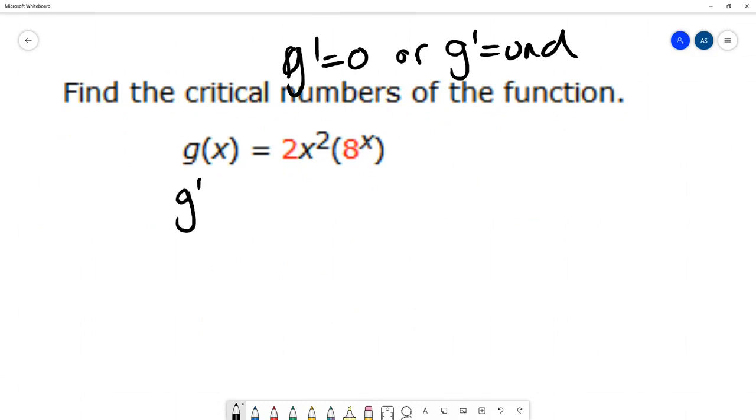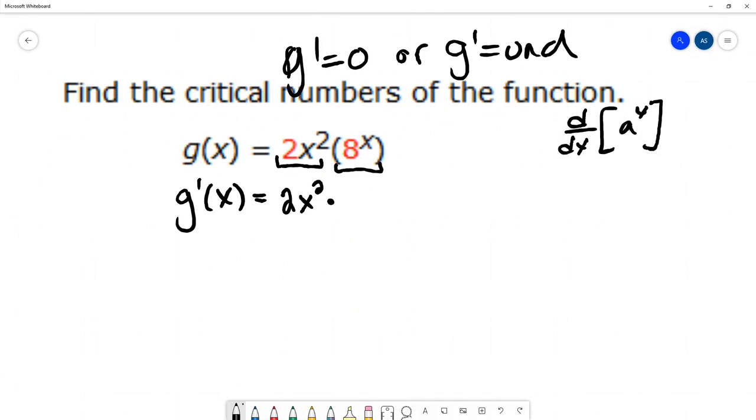So calculating the derivative, I'm going to treat 2x squared as my first factor and 8 to the x as my second. I have the first factor, 2x squared, times the derivative of the second, 8 to the x. So the derivative of a to the x is a to the x times ln a.